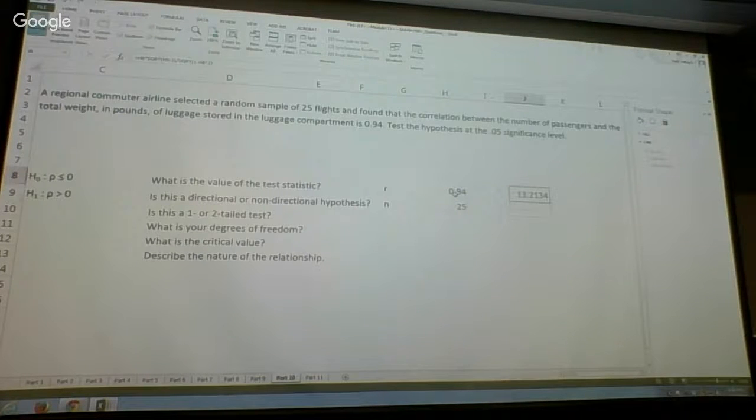That gets me a test statistic around 13.2. That's me using Excel because it's a great calculator. I highly recommend it if you have the chance.